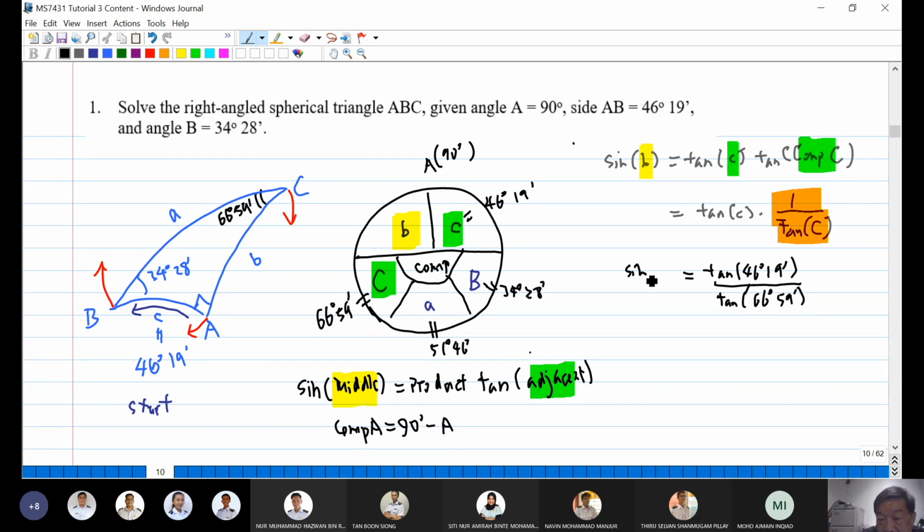So this is sine B here. So press the calculator. So tangent 46 degrees, minutes here, divide by tangent 66 degrees 59 minutes here.